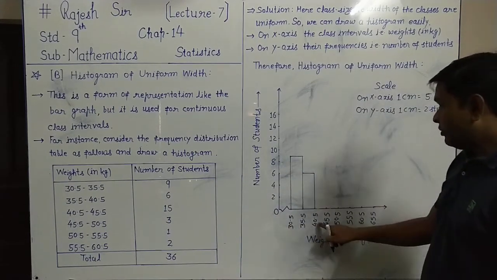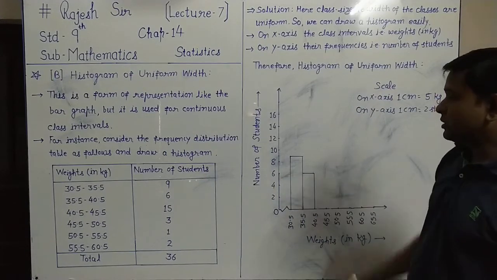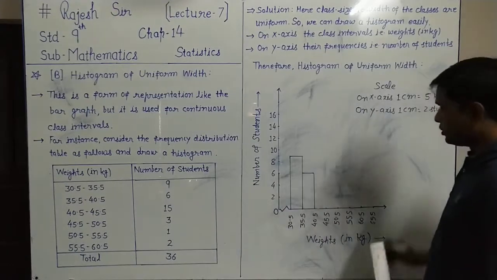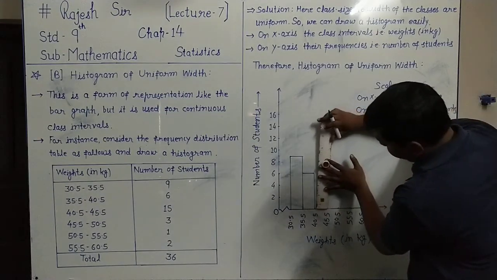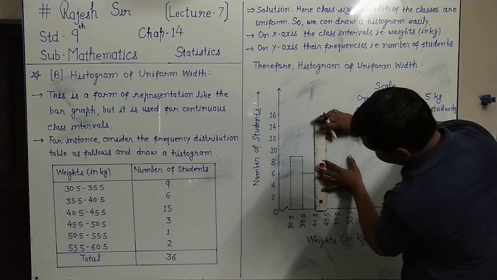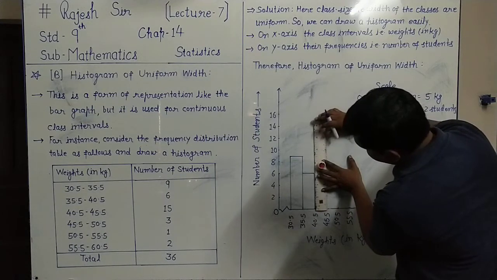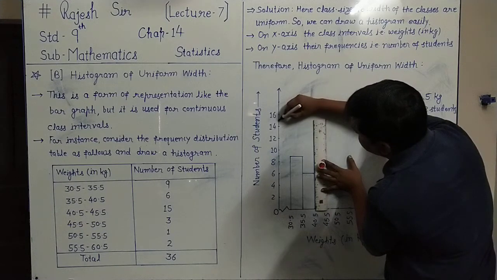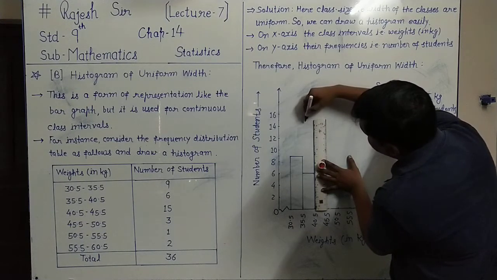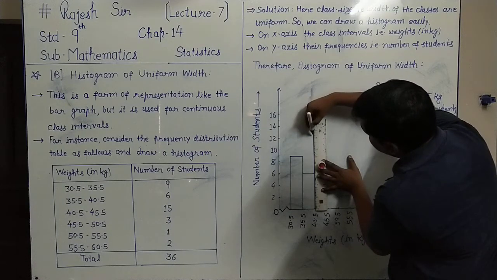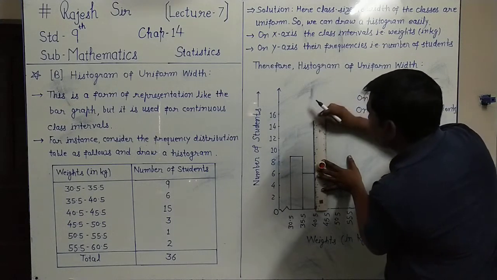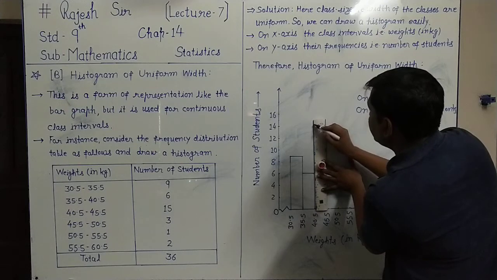This is 35.5 to 40.5, 6 number of students, and 40.5 to 45.5, 15 students. So this gap, this interval height will be 15. So as you can understand, to show 15, we have to show between 14 and 16. So it will be 14 and a half.